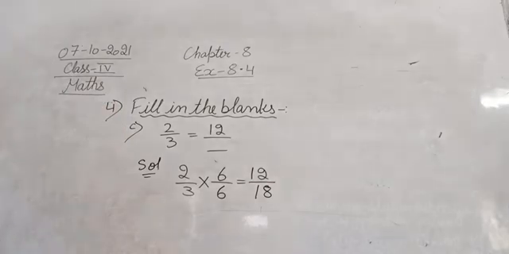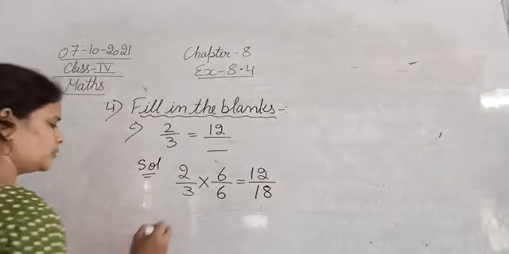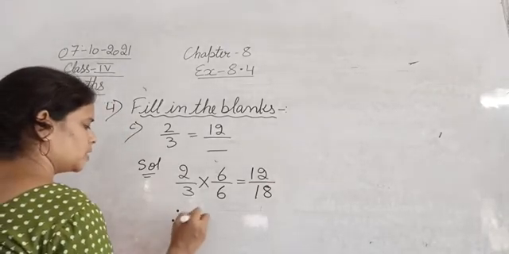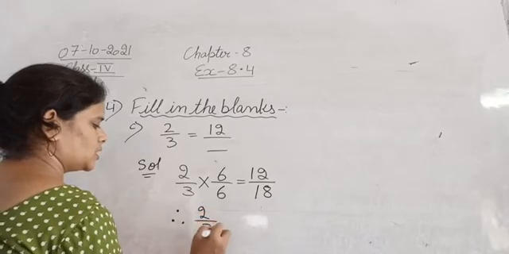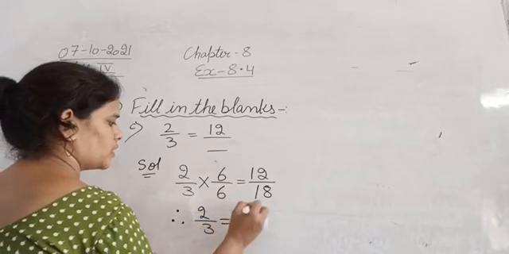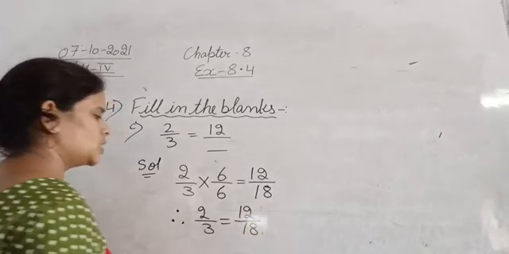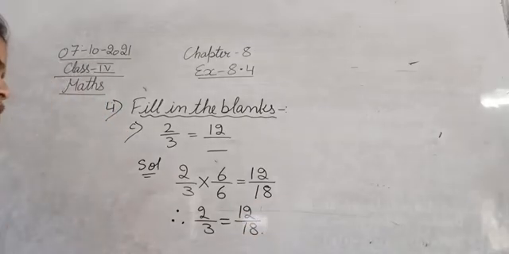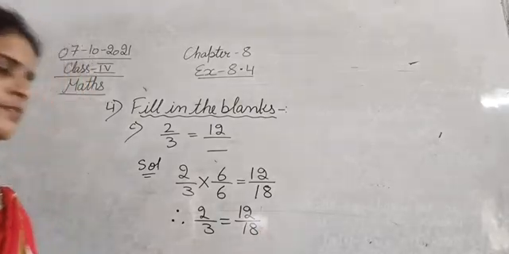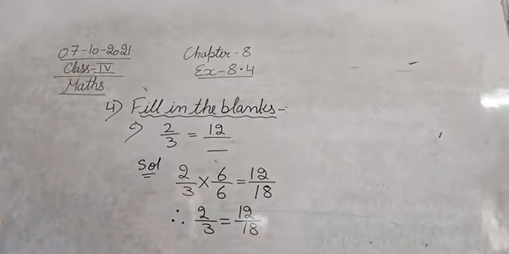Therefore, 2 upon 3 is equal to 12 upon 18. And this is the solution of the C part of question number 4.